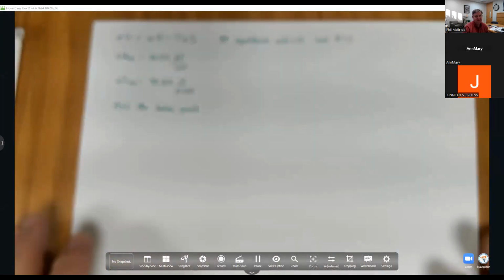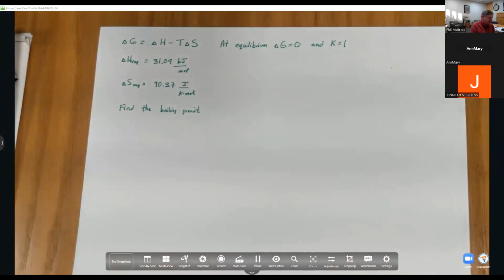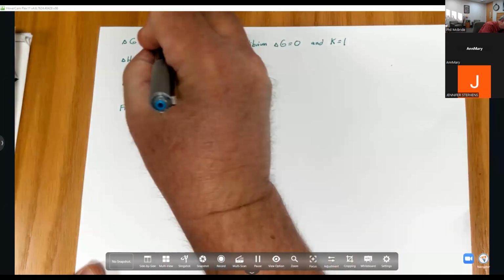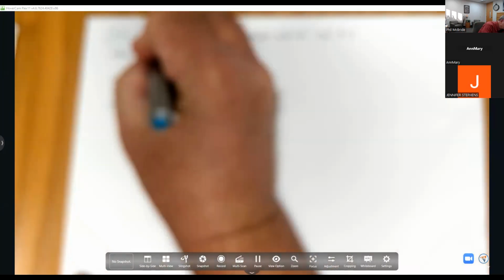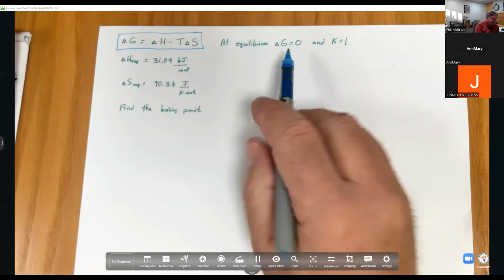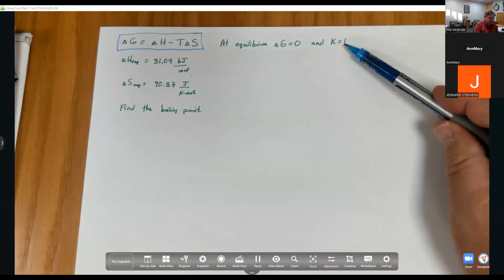All right, here's our new problem. It says delta G equals delta H minus T delta S. That's our basic equation. And at equilibrium, we know delta G is 0 and the equilibrium constant is equal to 1.